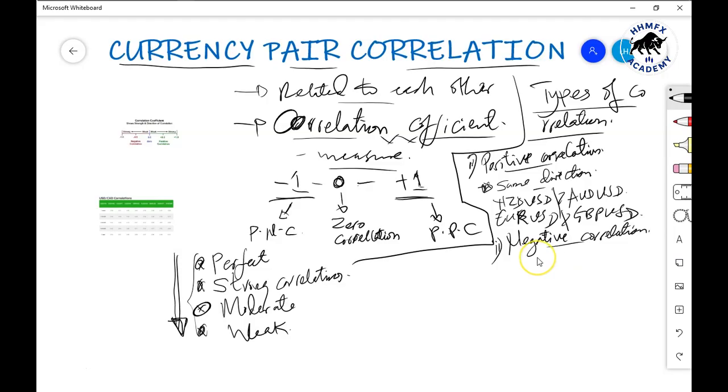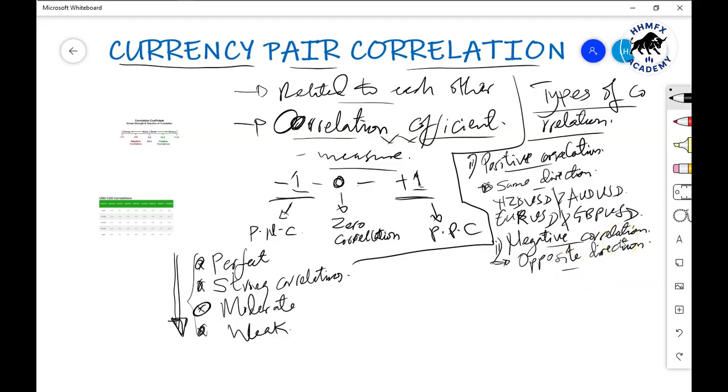A negative correlation is all about currency pairs that move in opposite directions. Two currency pairs move in the opposite direction. This is described as negative correlation.